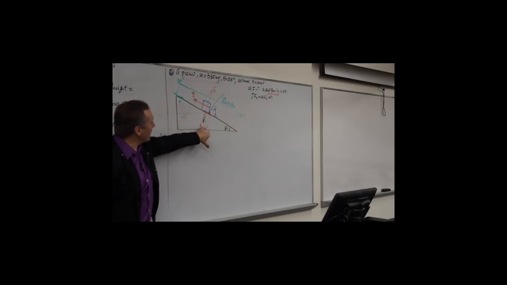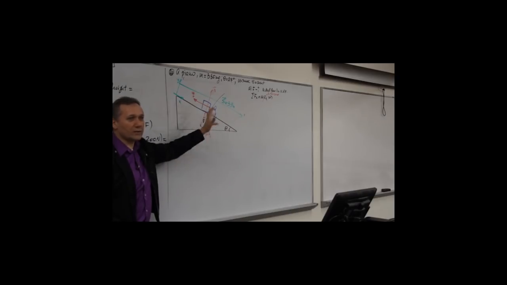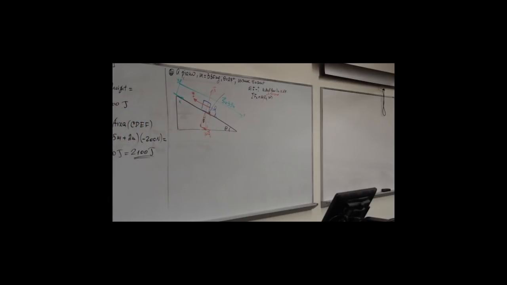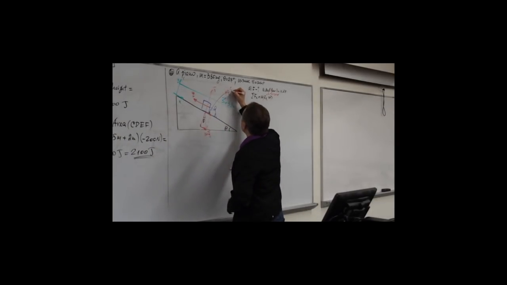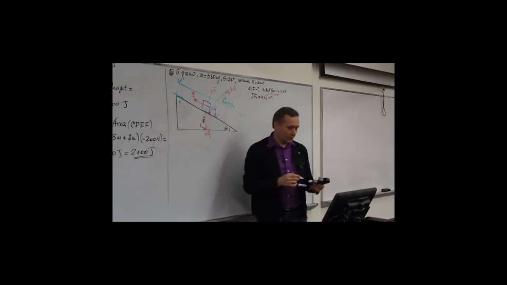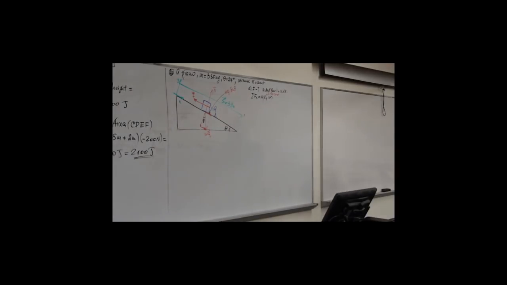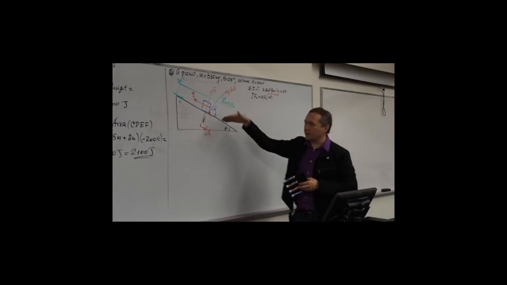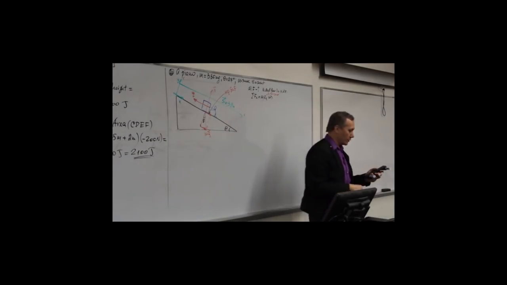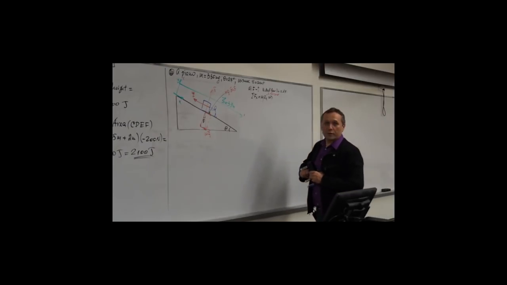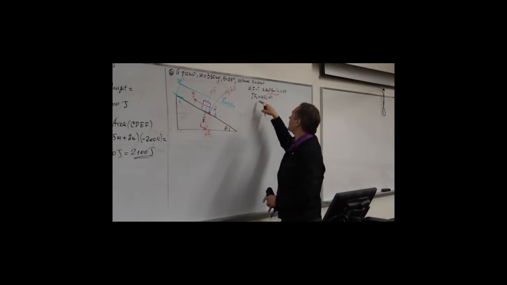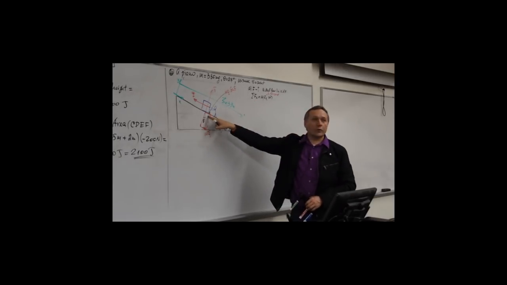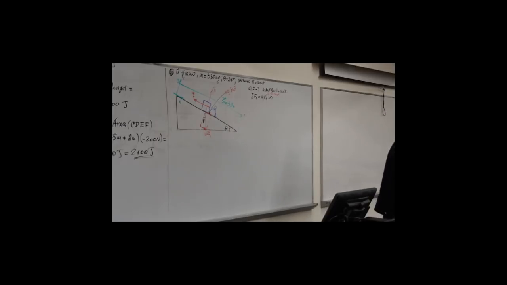So this side is opposite to the angle which I asked you about, so of course the sine function must be used. So this is mg times sine theta. Occasionally we still need to use Newton's second law to find the normal force or the x component of gravity, so that still should be close to the top of your head. And so if I write down this net force, this component of the gravitational force, is it positive or negative?